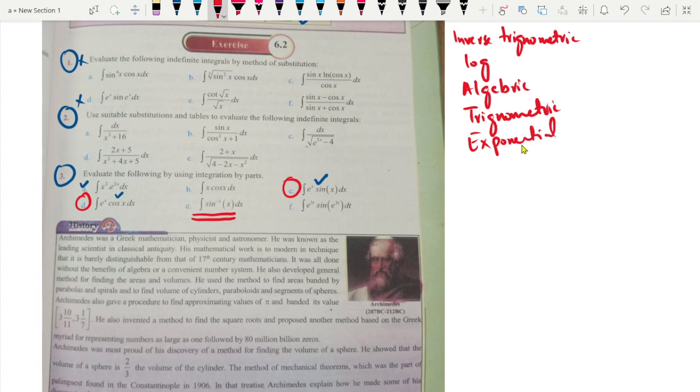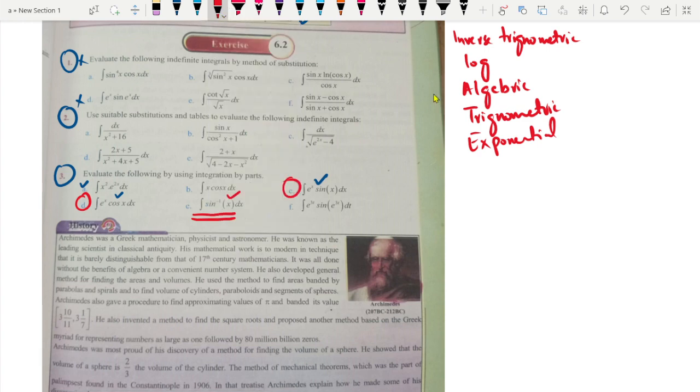So we have the question: integral of sine inverse of x dx. Now we will solve this.